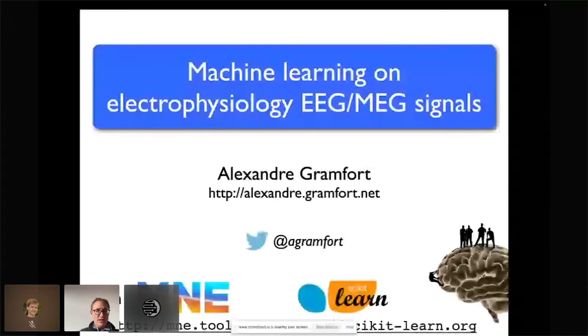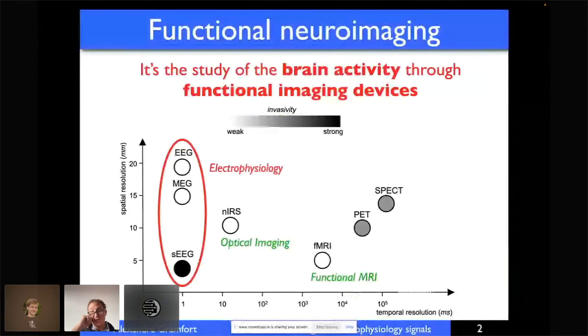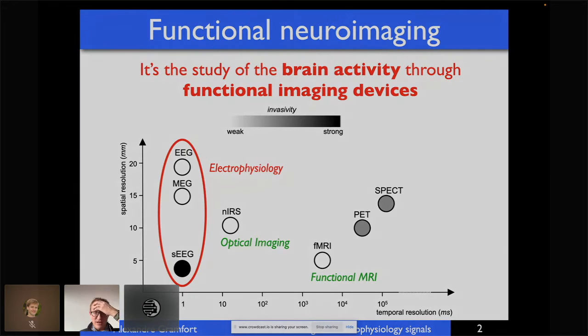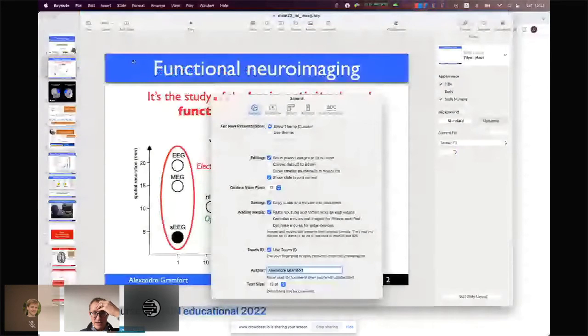So let's step back a bit and see where we are with this tutorial. I want to cover a fraction of electrophysiology, which is, as illustrated here, electroencephalography, EEG, and MEG. And I'll also briefly mention SEG. Just give me 1 sec because I cannot see my cursor, and this is problematic.